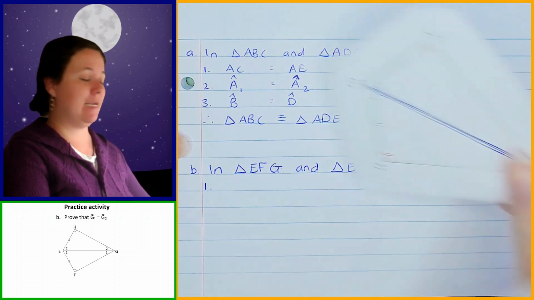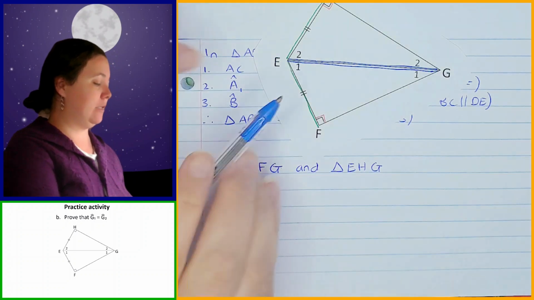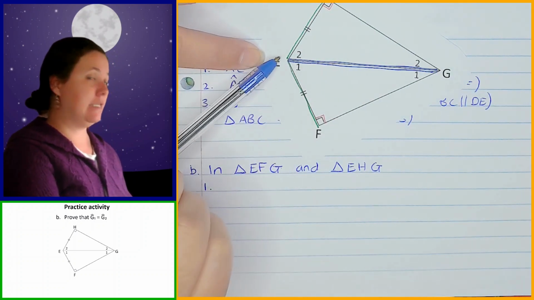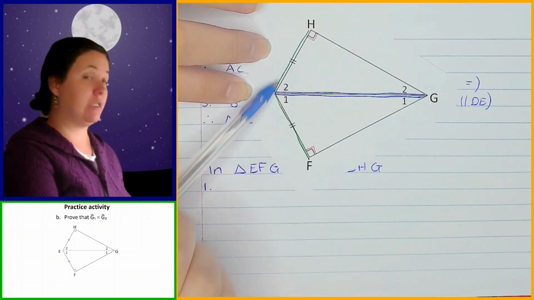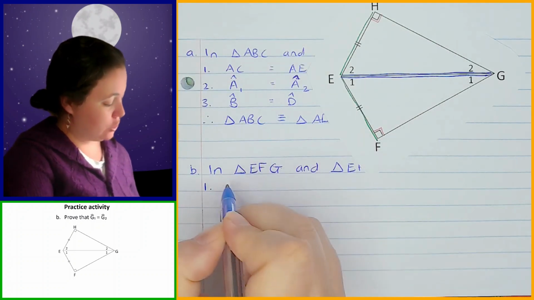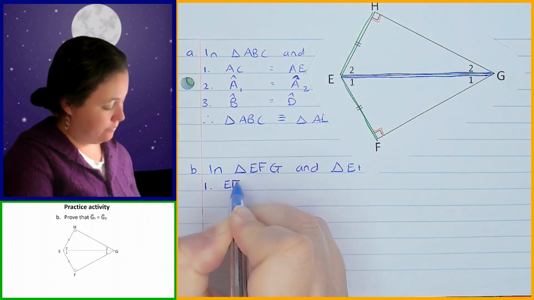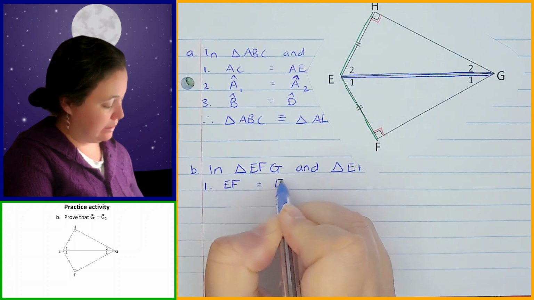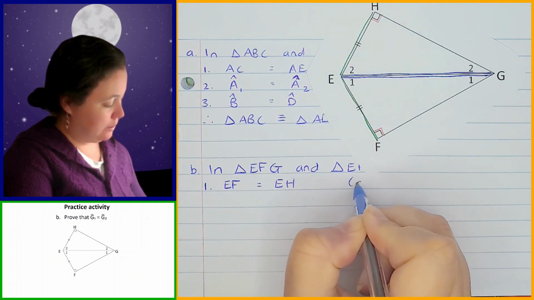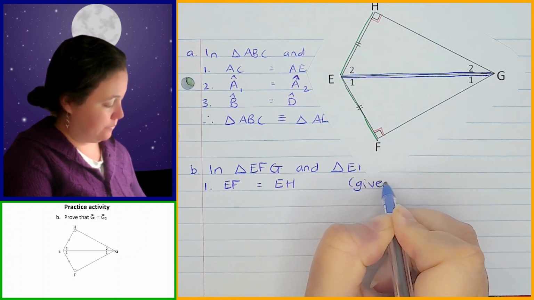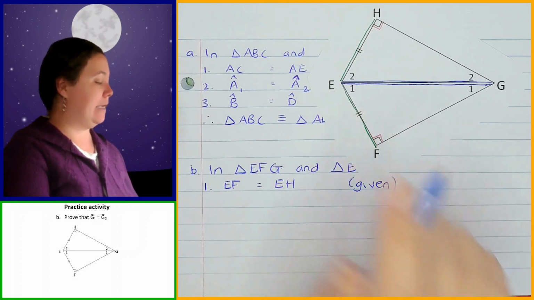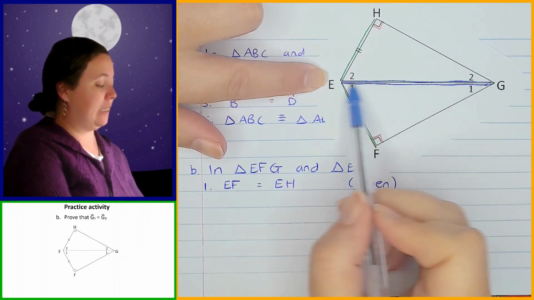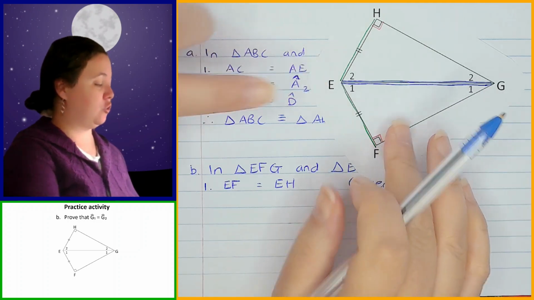Number one, I can say that in these two triangles, I know that EF is equal to EH because they told me. Okay, so it's given. So EF equals EH, given.